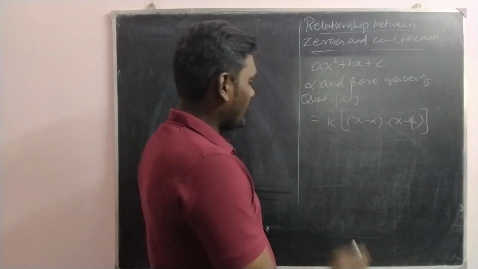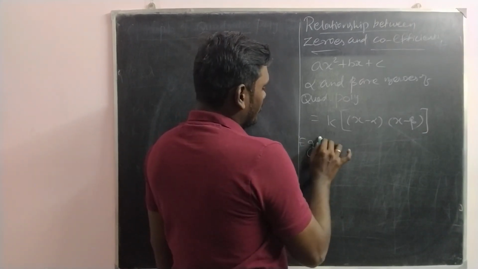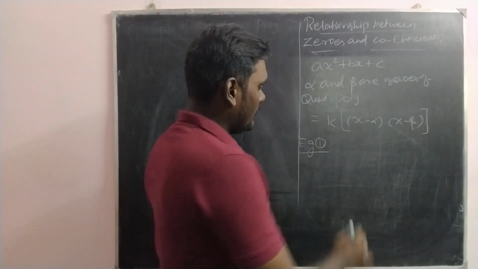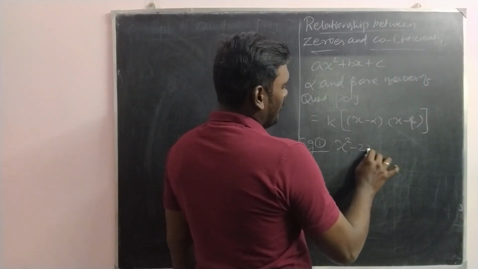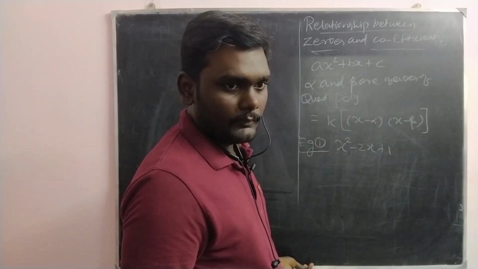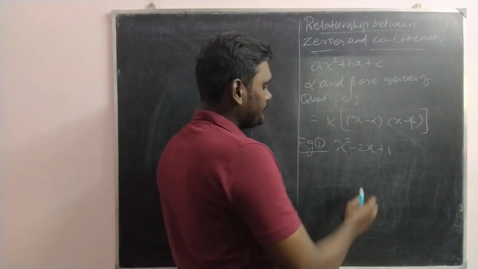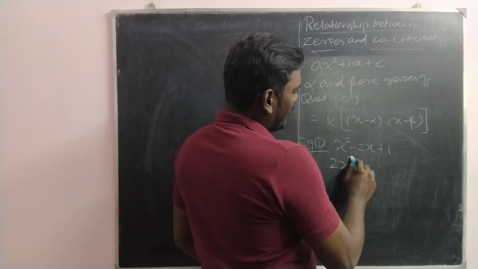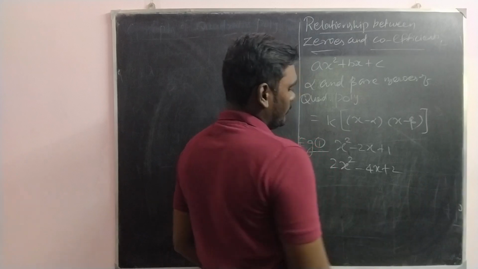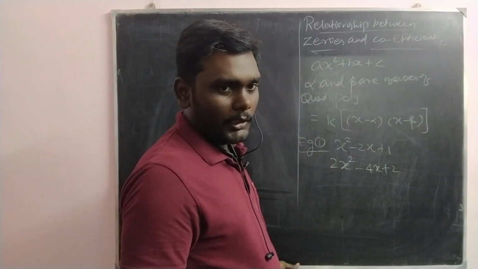Okay. For example, take this one. When you see, it is difficult to imagine with alpha, beta and all. Look at this one, x square minus 2x plus 1. This is a quadratic polynomial. In this, you multiply everything with 2: 2x square minus 4x plus 2. Still a quadratic polynomial.